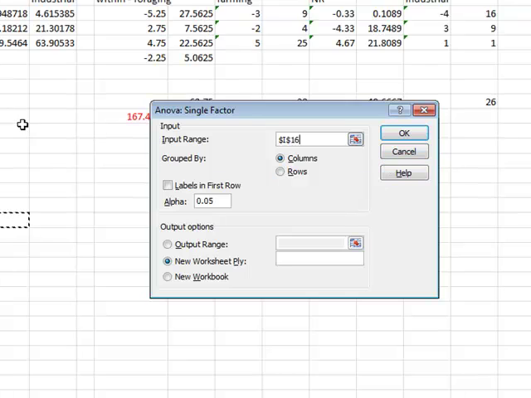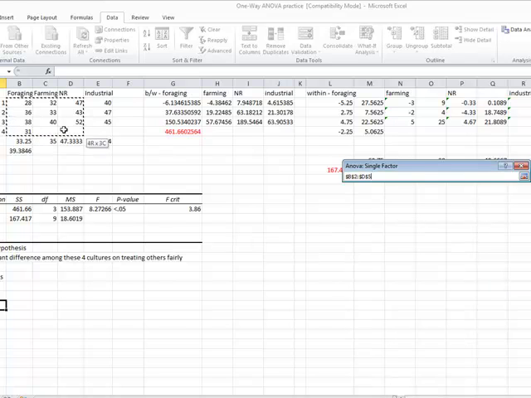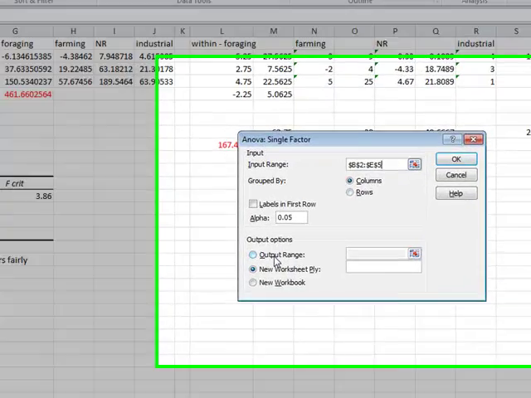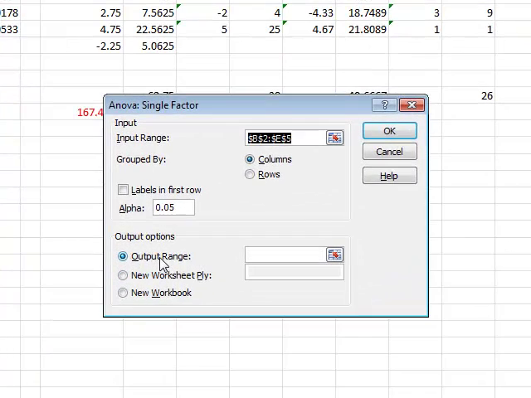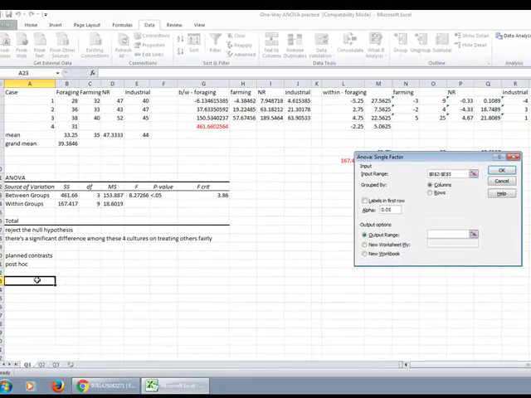Okay, so look at here. Actually, for this input range, you need to highlight the whole dataset. Okay, and usually I prefer to select output range. Okay, output range, you just click whatever you want. It displays the analysis result. Okay, so that's it.